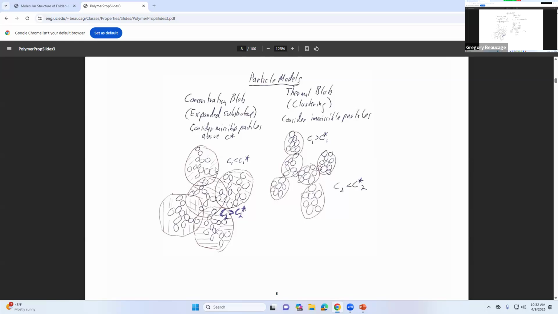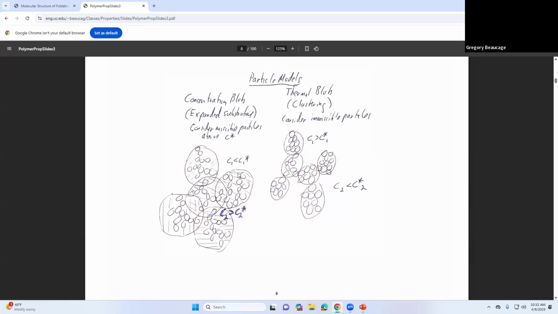So you've introduced a size scale. In scattering, it's kind of obvious, and in fact I think this was first talked about from a scattering perspective. If you plot log I versus log Q in dilute solution, it's going to go -5/3 in a good solvent, and it's going to go -1.